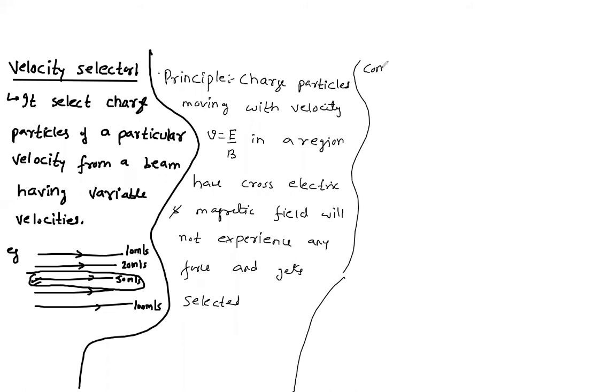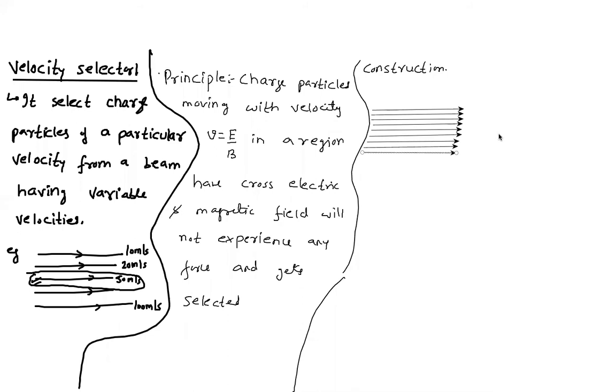After principle, the next is construction. It's a very simple setup. You just have a beam having charged particles of variable velocities. Say this is the beam. This beam has charged particles of various velocities. Then there is this central region.